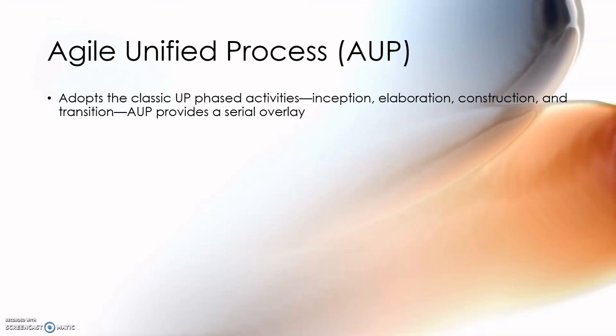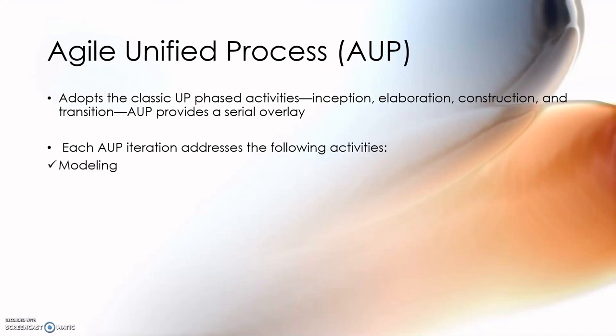Within each of the activities, the team iterates to achieve agility and to deliver meaningful software increments to end users as rapidly as possible. Each AUP iteration addresses the following activities.